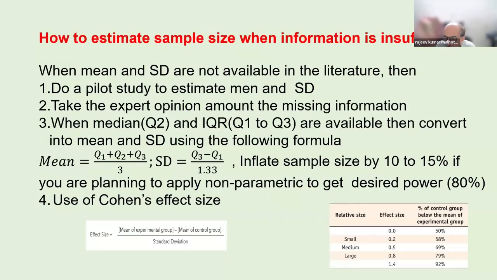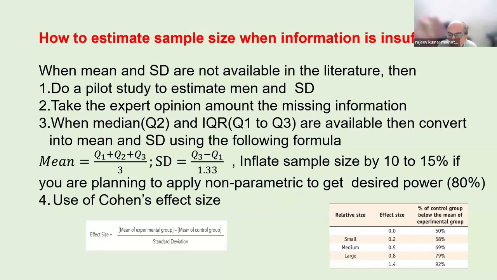No, but suppose you are doing one study. I am not doing it practically, but hypothetically I can give an example. Suppose you are doing a study where there is no previous study you are able to find. Another thing is that you are doing one treatment, and no earlier treatment is available for that.